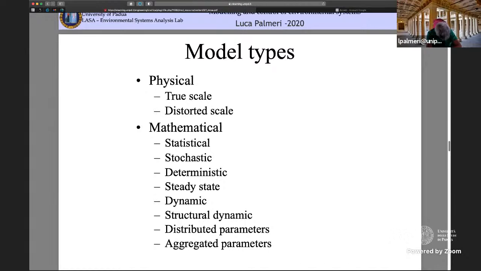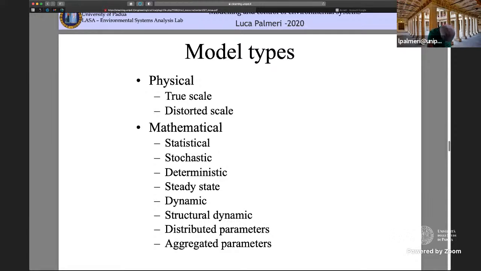Remember, for example, the model of the Lagoon of Venice that I talked about before, in which we built a physical description of the Lagoon of Venice, made of concrete and iron, with a distorted scale of 1 to 10. Sorry, that was 1 to 50. This means 50 centimeters corresponding to 1 centimeter.